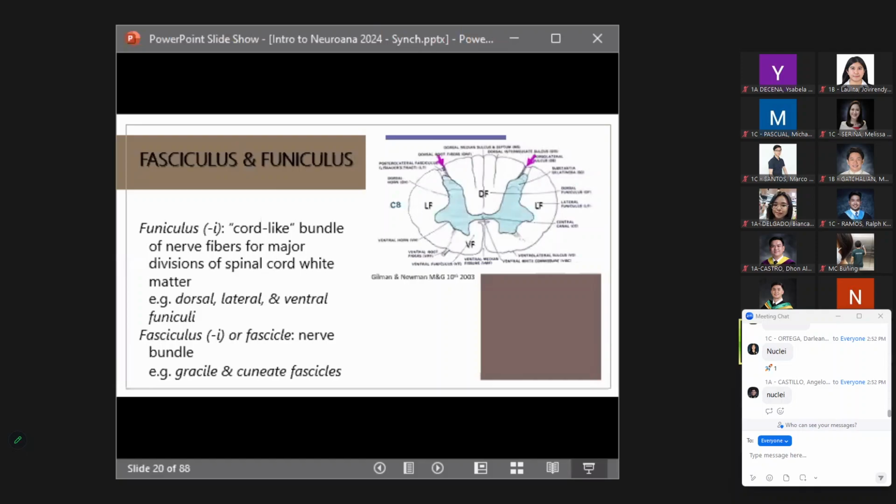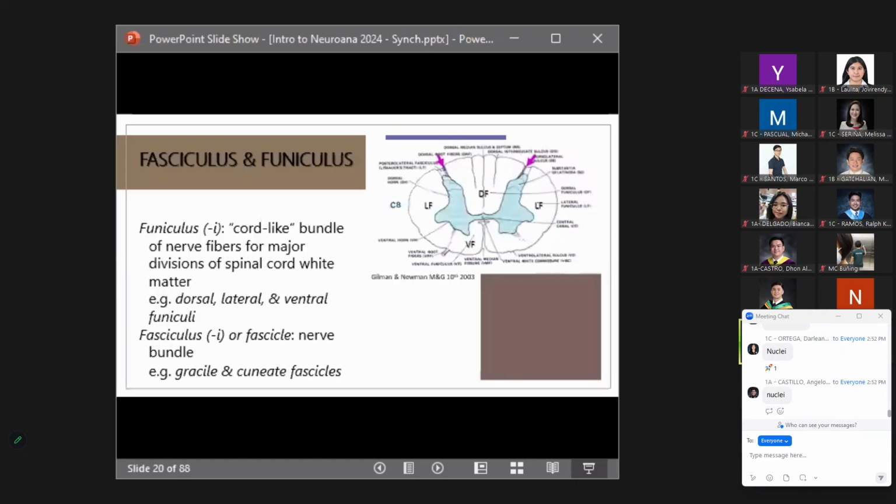The first sulcus is the dorsolateral or posterolateral sulcus, which separates the dorsal funiculi from the lateral funiculi. That's also where the dorsal roots come into the spinal cord.